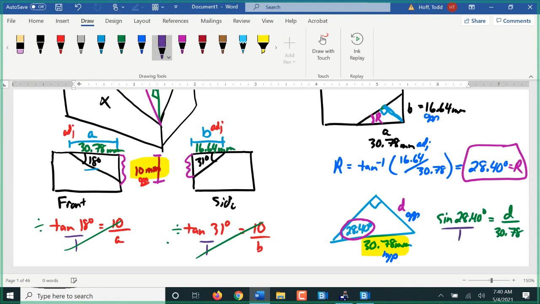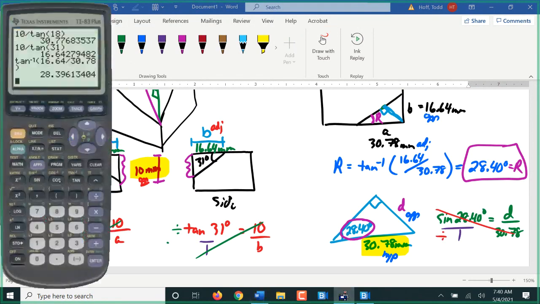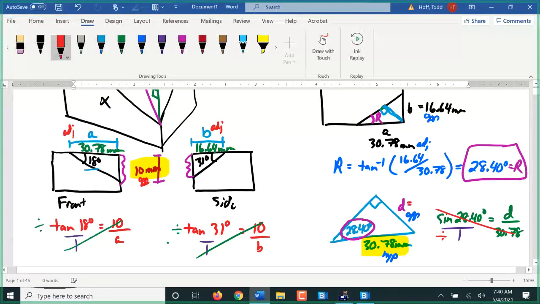So again, we'll put that over 1, and we will cross multiply and divide. So sine of 28.40 times 30.78 divided by 1 is 14.64.